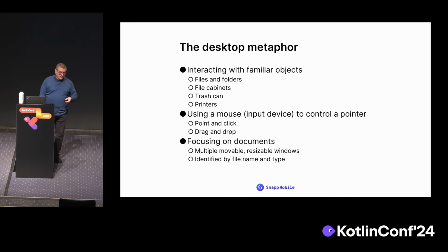And the last thing I want to mention here is these graphical user interfaces focused on documents. These documents were visualized in windows. You could have more than one window at a time open. You can resize that window. You can move it around. You can arrange it the way you want it to.